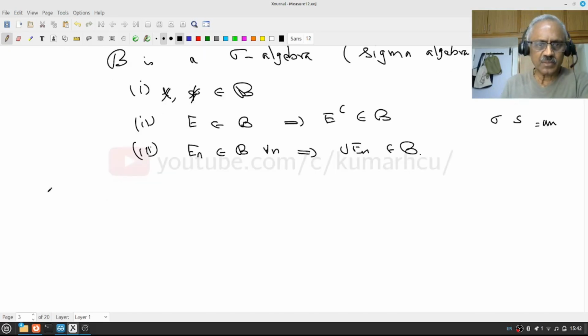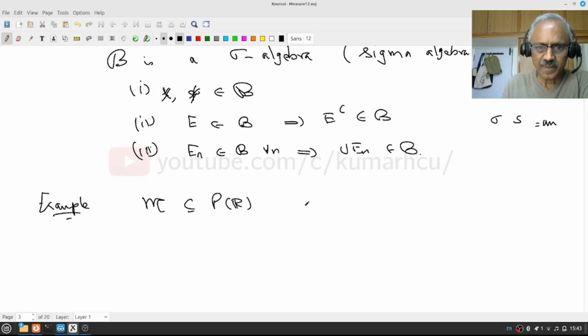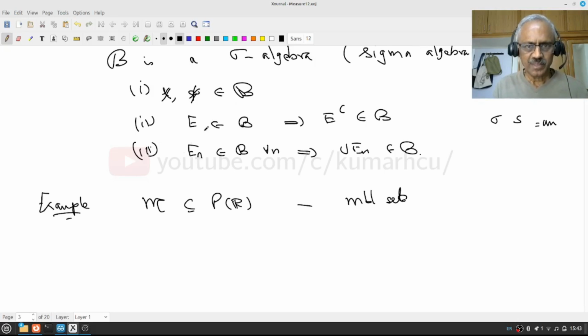Now the simplest example, and the most natural example for us, is the set of measurable subsets of R. That is the class of measurable sets. We know R and the empty set belong to it. Whenever E is measurable, E complement is measurable.